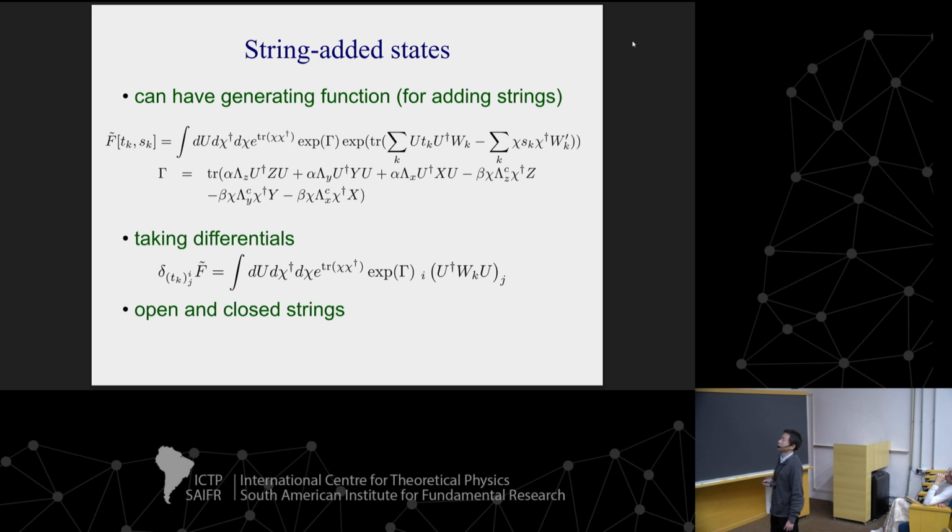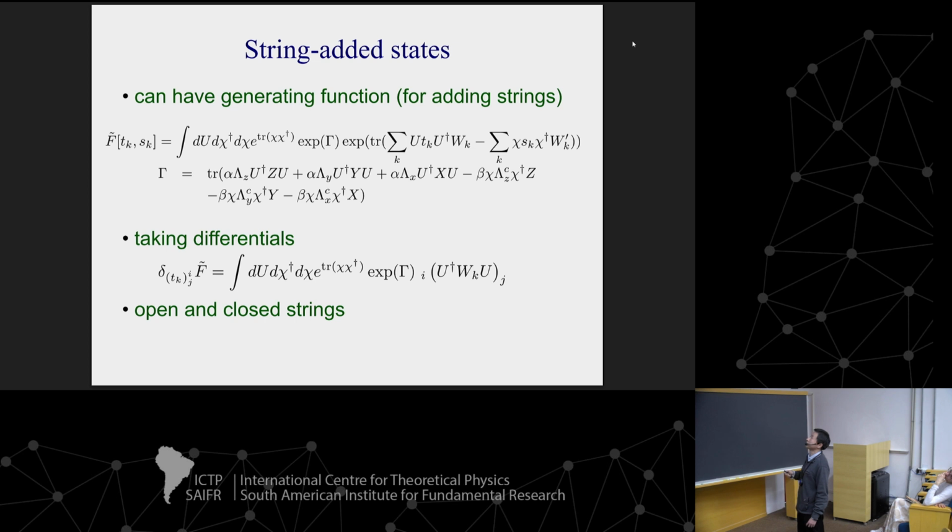We can also insert closed strings. Before taking the trace, the W_K is an open string. One can also consider special cases where the t_K is special and the t_K is proportional to an overall factor of the t_K times the identity.